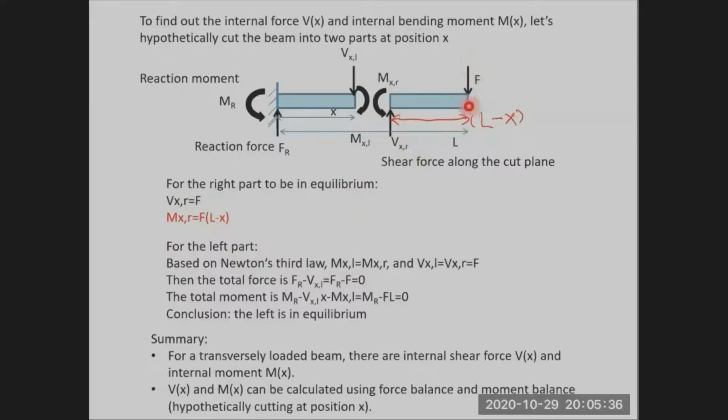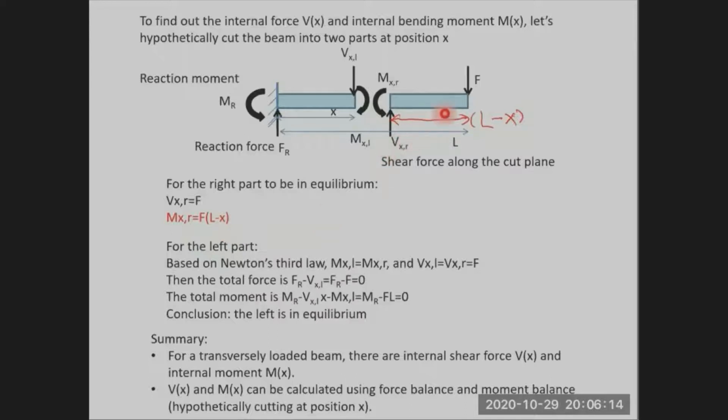Simultaneously, now the moment generated by F, we choose this plane as a reference point. So the moment generated by this force is F times L minus x. Then there must be a bending moment on this surface, Mxr, which must be equal to F times L minus x.